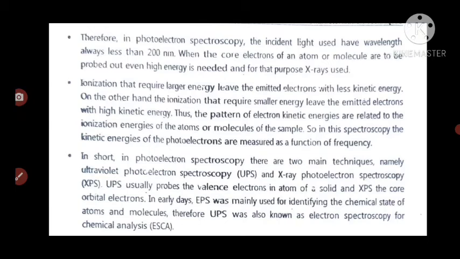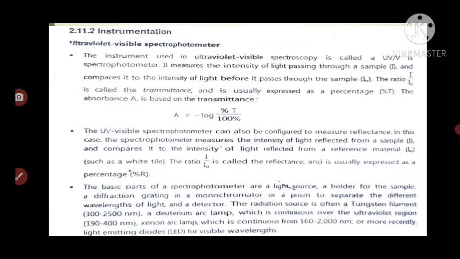So UPS is used for the valence electrons that are ejected out, and XPS shows the pattern of electrons emitted from the core shell of the atom. XPS is mainly used for identifying the chemical state of the atom and molecule, and it was also known as electron spectroscopy for chemical analysis, or ESCA.